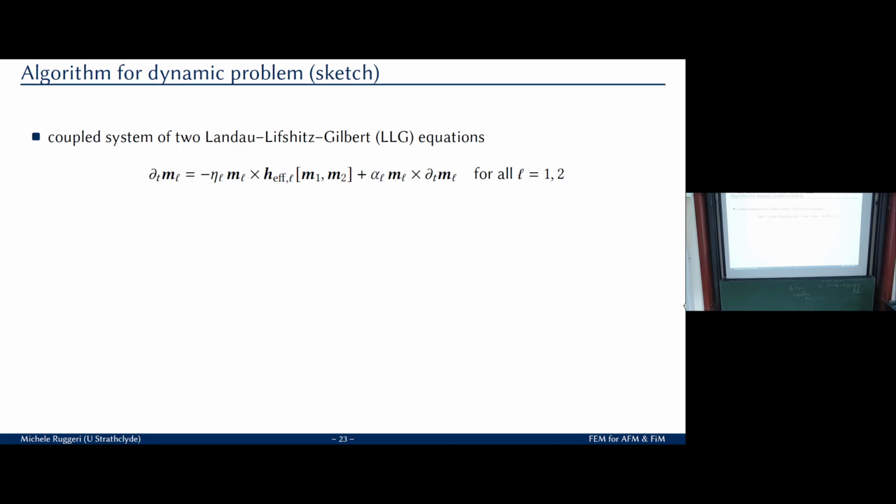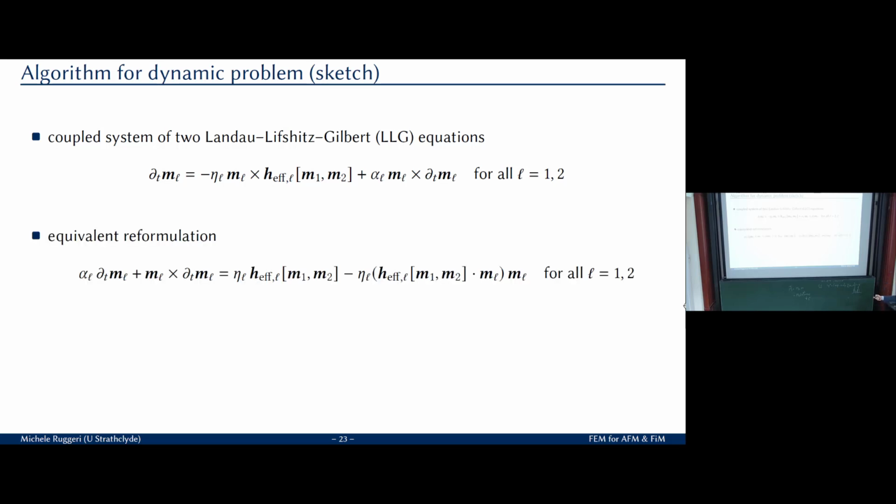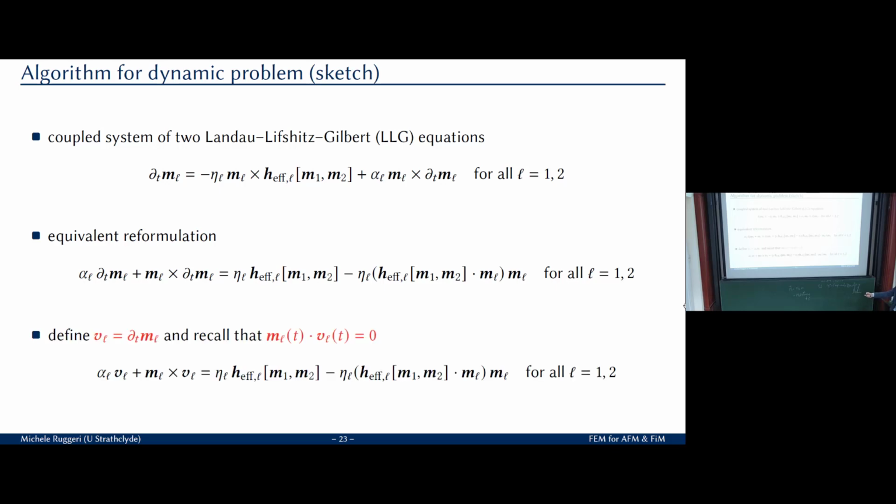about the dynamic problem. So we had our coupled system of two LLG equations. What we will do is to exploit what we did for the stationary case. First we reformulate the equation in this form by applying vector identity properties. Second, I define v as the time derivative of the magnetization for each of the two fields.